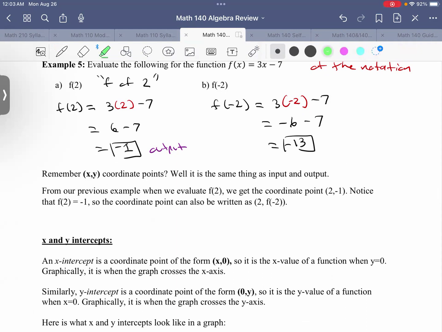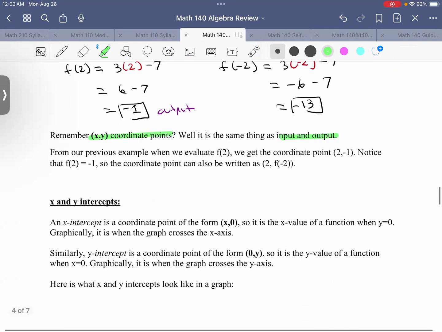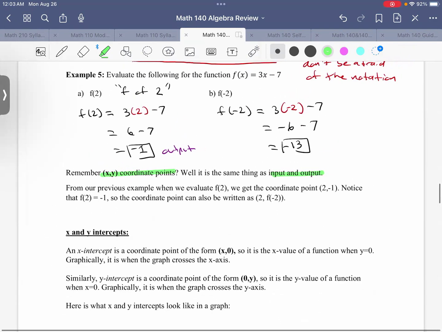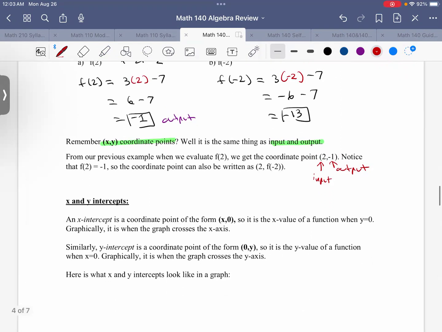So do you remember XY coordinate points? Well, it's the same thing as an input and output. From our previous example, we saw when you evaluate f of 2, we get the coordinate point (2, -1). That's our input, and negative 1, our output. So input, output. We could also write this XY coordinate point as such.